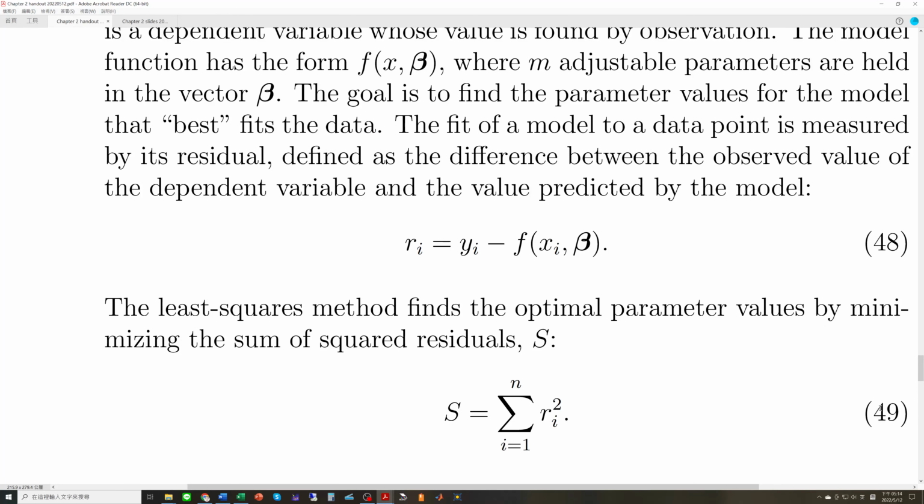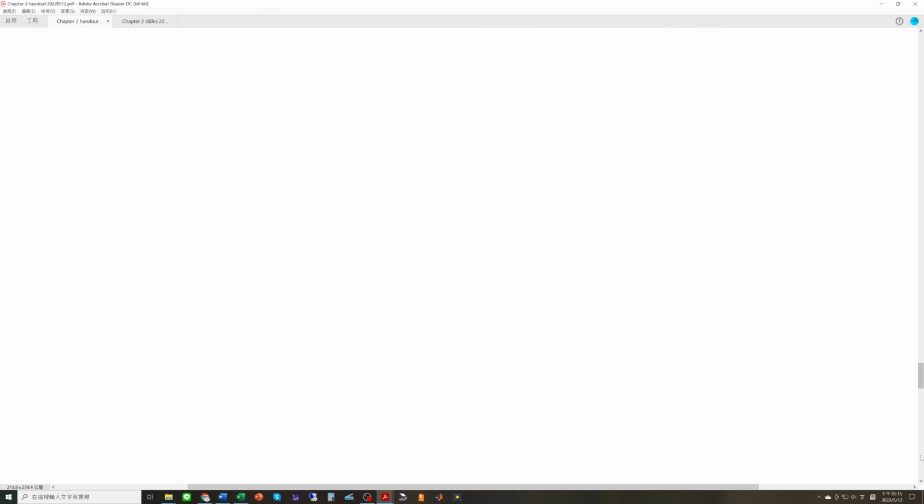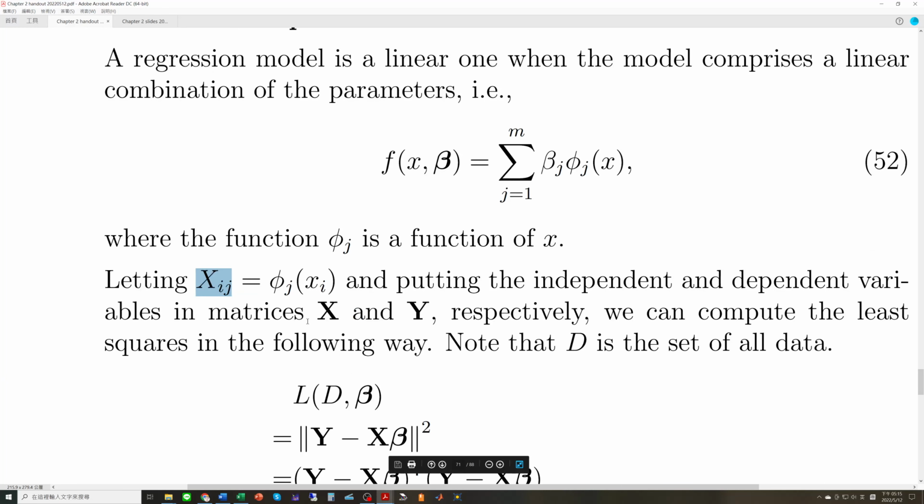In equation 49, i is equal to 1 to n. Next let us find the values of j. In equation 52, we can see that j is equal to 1 to m.